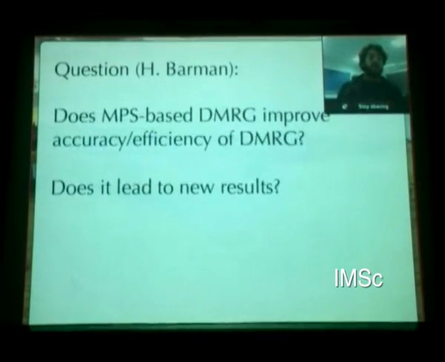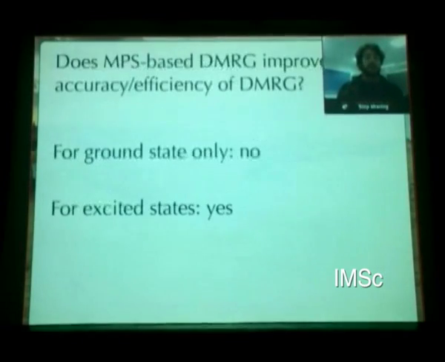And so then my final question, which I think is very relevant for yesterday's talk, is getting to the question of why do we really need MPS-based DMRG? More specifically, is it really a different method from the traditional DMRG, and does it make more accurate calculations and lead to more efficiency, and also get qualitatively new results that you couldn't get some other way?